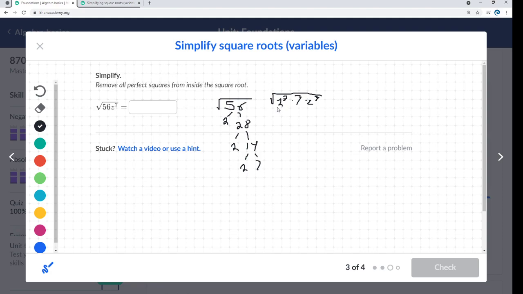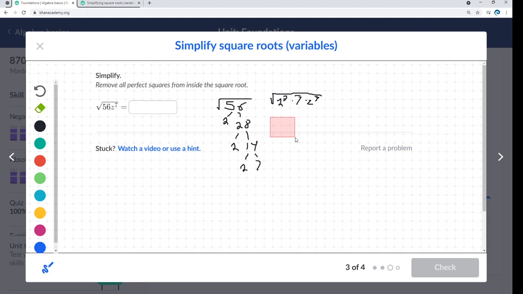So the square root of 2 to the third power is 3, right? Because 2 times, no, wait, what am I doing here? 2 to the third, 2 times 2 is 4, times 3 is 12.